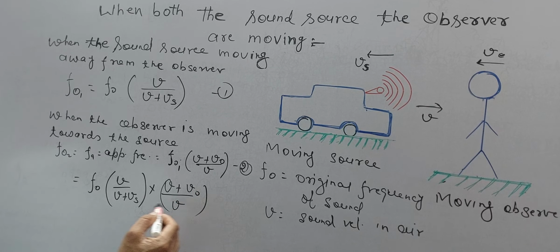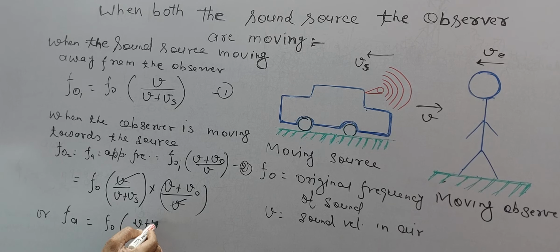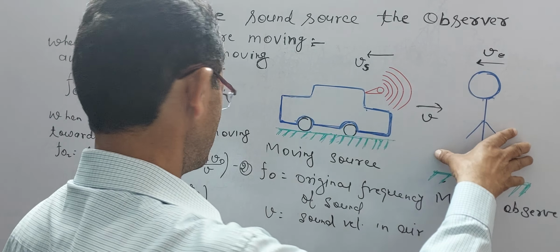So this term cancels. The final value of our apparent frequency fa will be fo times V plus observer velocity over V plus source velocity. So this is our final frequency heard by the observer.